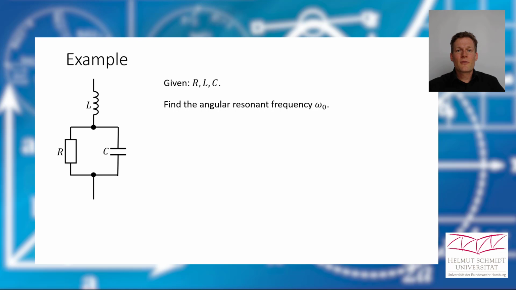Okay, so we have the circuit and the elements are given. And now we should find the angular resonant frequency omega 0. And our condition for that is always the same. We want the imaginary part of our impedance to be 0. You may say now, hey, wait, at the parallel resonant circuit we had the admittance.